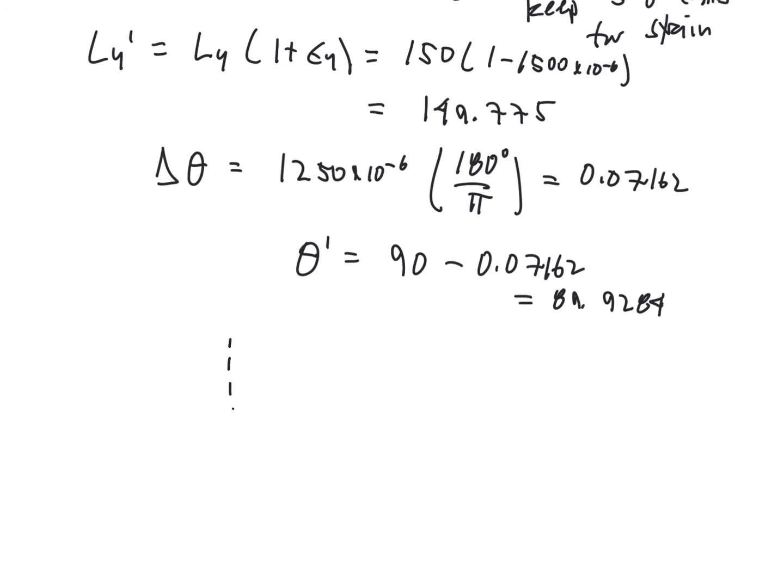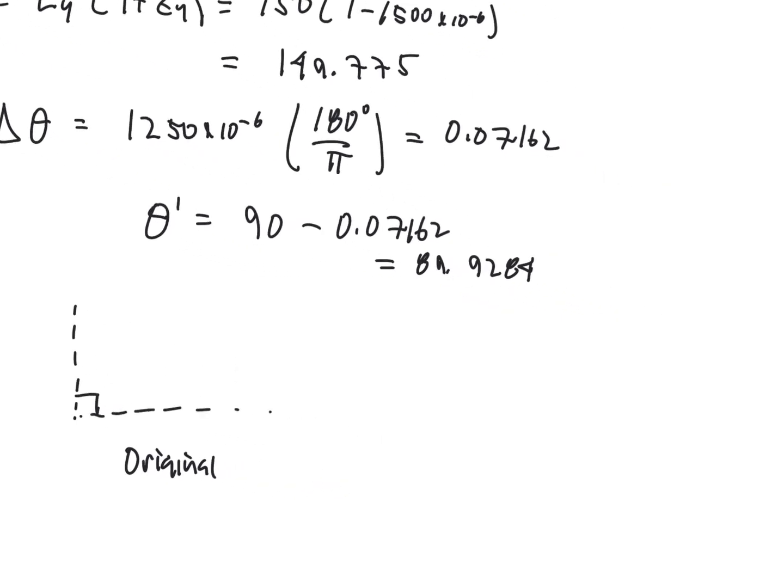We used to have this, and this, and this. That's the original. But now, let's draw the new one to the side. They're closer together, they're shorter, and they've got a different angle.